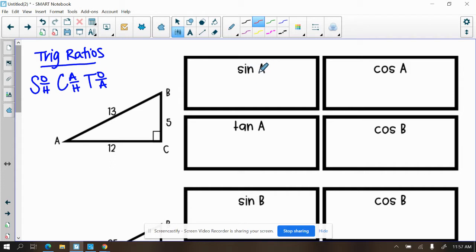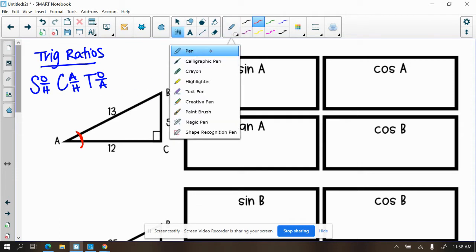So sine of A. Here's our triangle, 5, 12, 13. You'll see these numbers pretty commonly. This is considered a 5, 12, 13 triangle, just different names that we have for these triangles. So sine of A, let's look at angle A, our opposite.